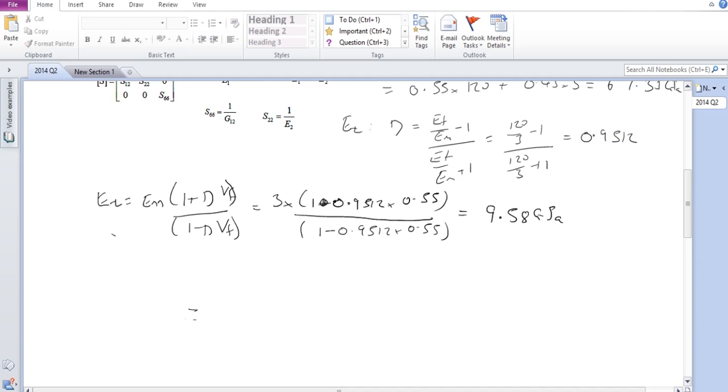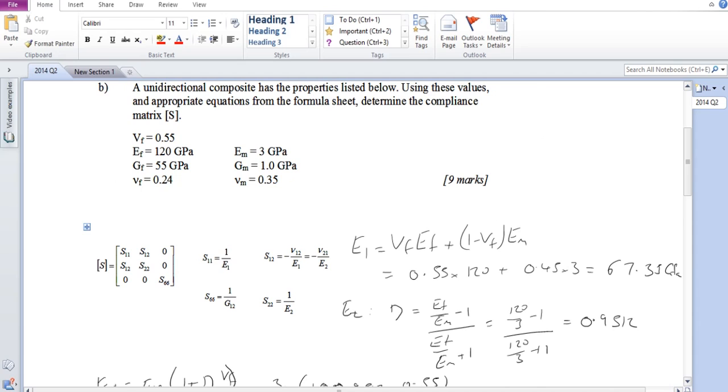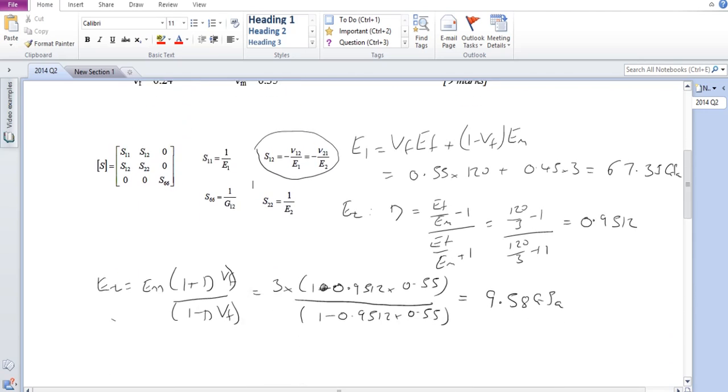The next simplest one that we need is Poisson's ratio 12, because to find the term S12 we know both E1 and E2, so we could use Poisson's ratio 12 or Poisson's ratio 21. Actually, Poisson's ratio 12 is the easier one to find because it's just another law of mixtures equation.